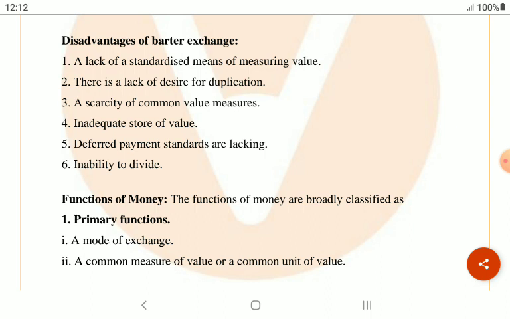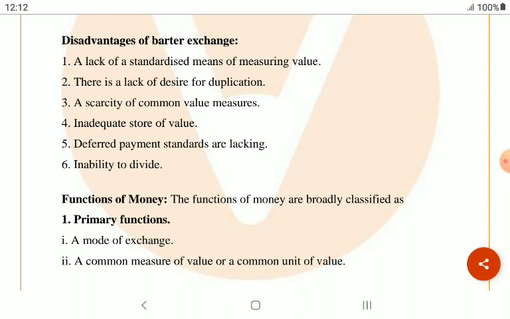What are the disadvantages? This is also important. In the barter system, there is a lack of a standardized means of measuring values, and a lack of desire for duplication.